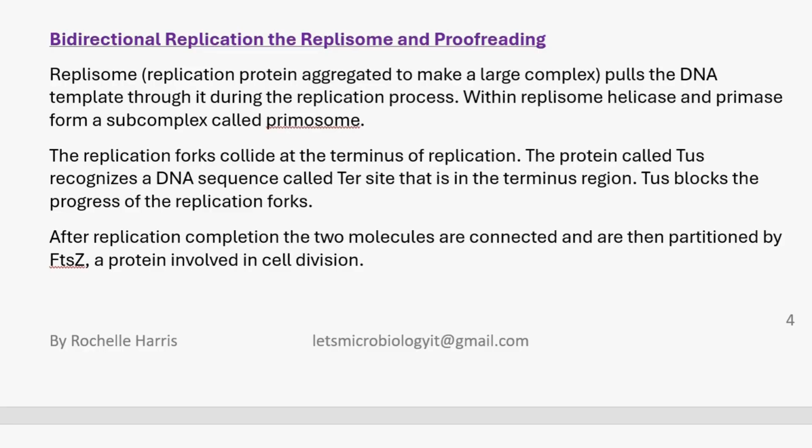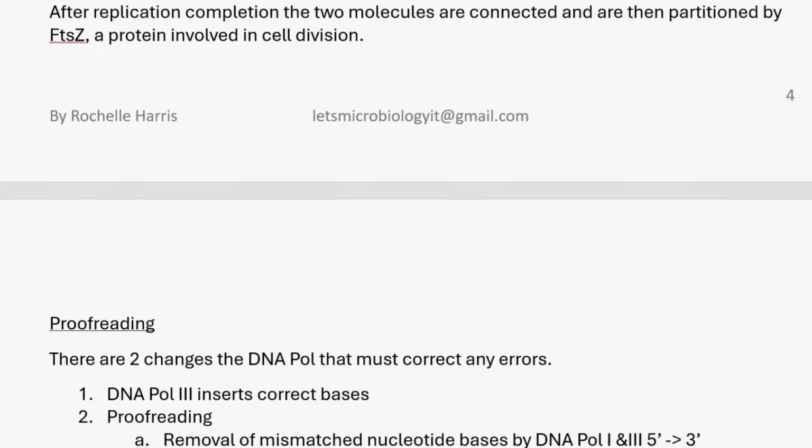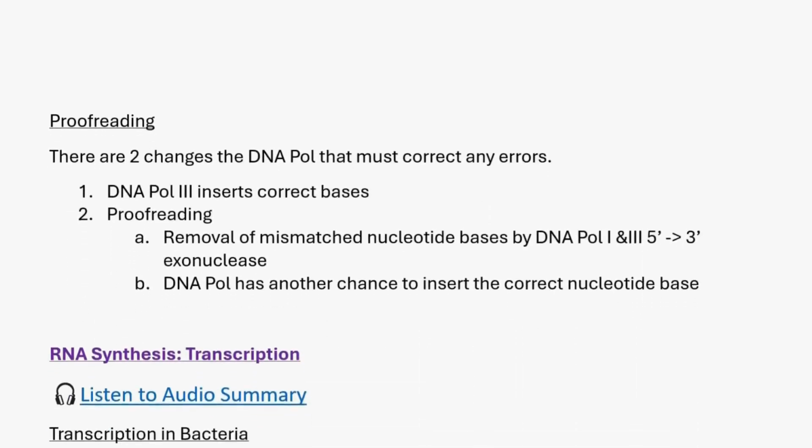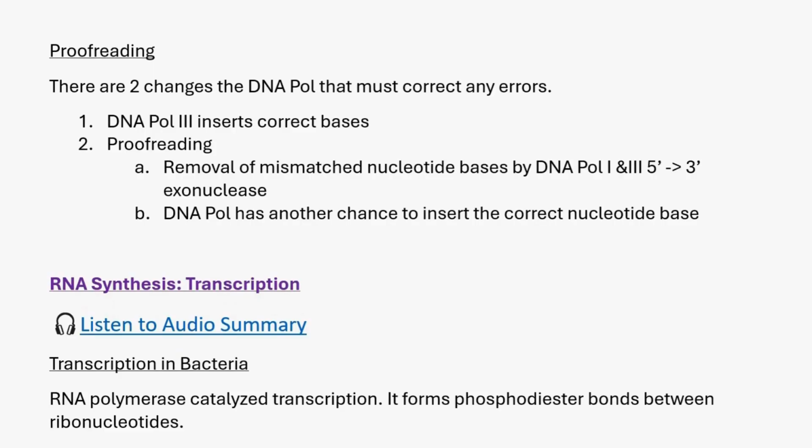Accuracy in DNA replication is vital, and the cell employs proofreading mechanisms to minimize errors. DNA polymerase 3 is capable of inserting the correct nucleotide bases during synthesis, but if a mismatch occurs, proofreading mechanisms are activated. Both DNA polymerase 1 and 3 possess exonuclease activity that allows them to excise incorrectly paired nucleotides.